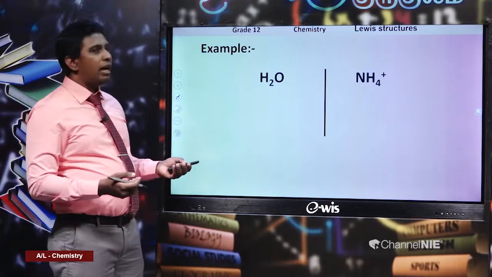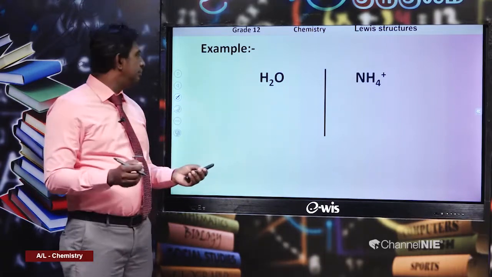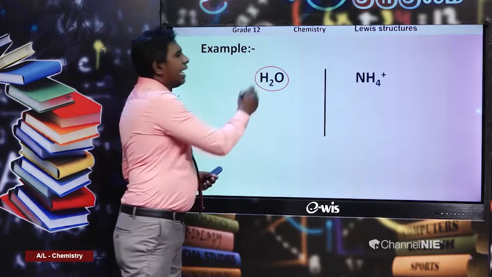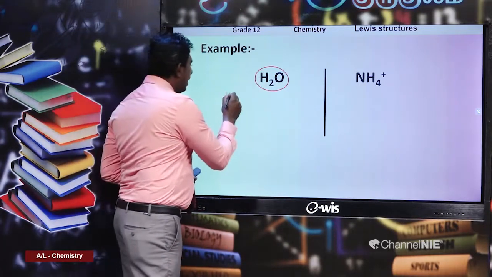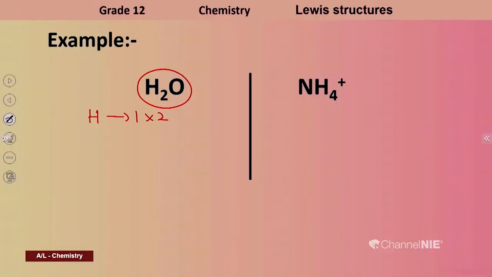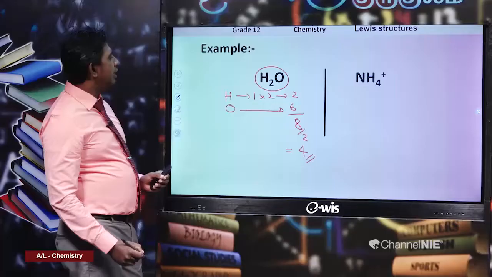So far we have found that H2O has 8 electrons. Hydrogen gives 1 into 2, which is 2 electrons, and oxygen gives 6 electrons. The summation is 8. Then 8 divided by 2 is the total number of pairs, not apples, right? So it's 4. Then students, imagine the central atom.